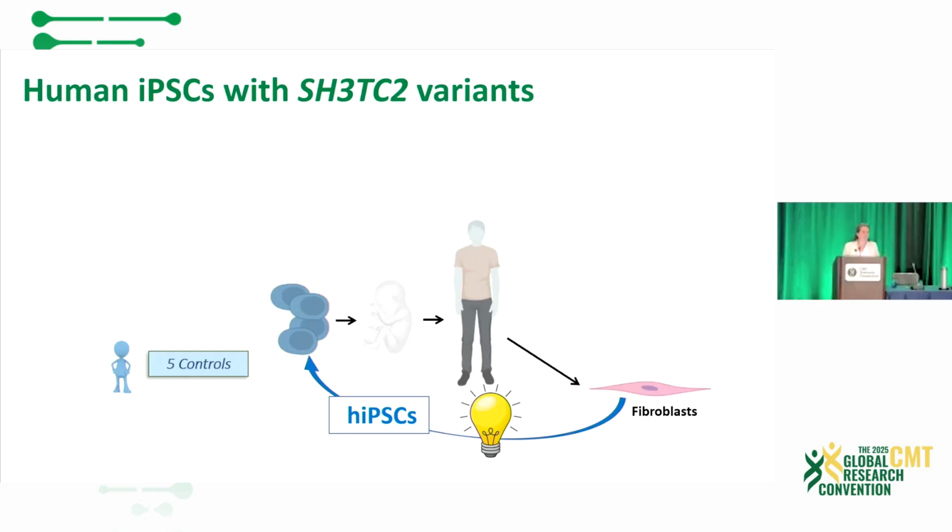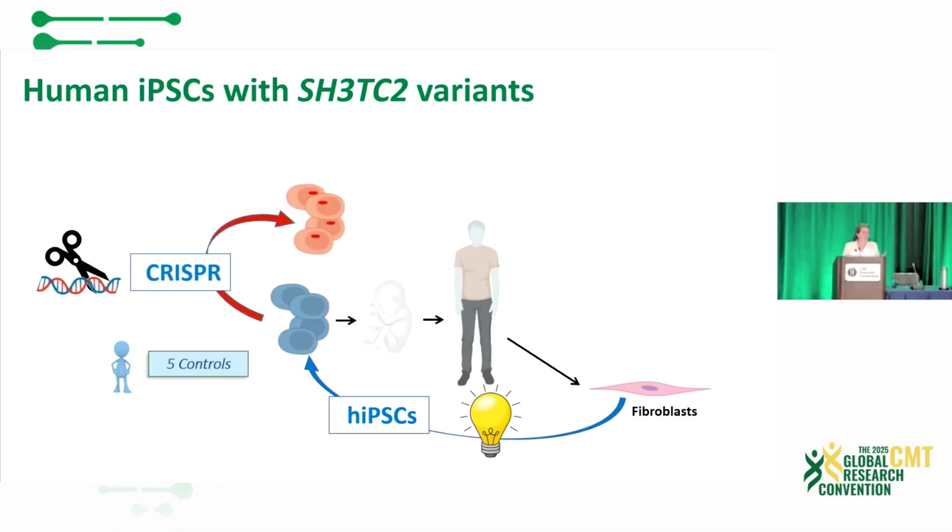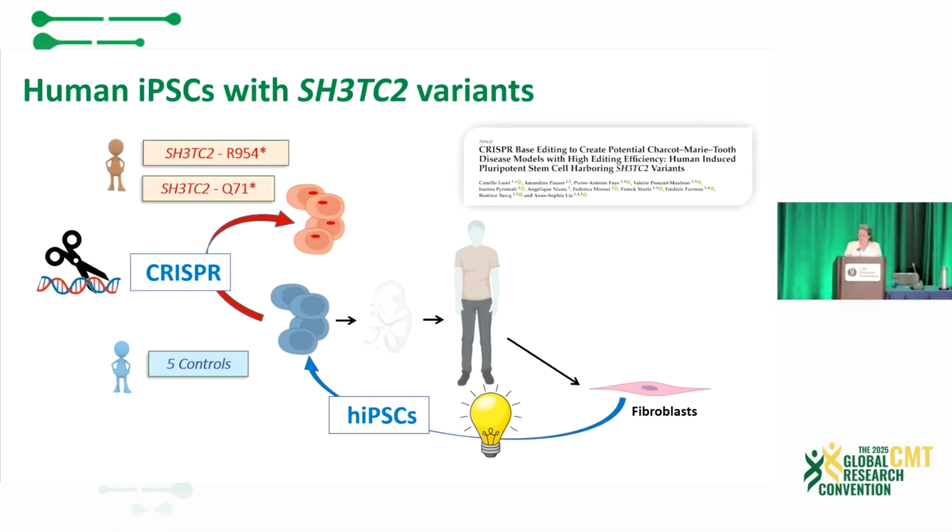But it was very time consuming, and we wanted to use another strategy to create SH3TC2 models. So we used the CRISPR-Cas9 strategy, and we obtained 2 models: one with the most frequent mutation at the homozygous stage, and another with the mutation that is present in the spontaneous mouse model. We published these results.